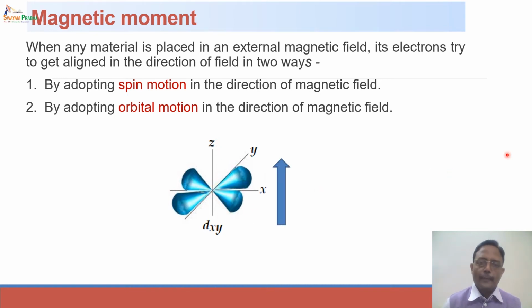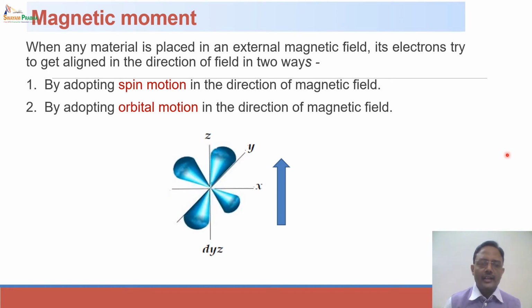And if we apply an external magnetic field along the z direction, then this orbital can rotate by 90 degrees into the dyz orbital. Now this orbital has a z component because it is in the yz plane. Thereby the electron present in this orbital now has a z component. So it has aligned itself in the direction of the magnetic field by adopting orbital motion in the direction of the applied magnetic field. So this is how an electron behaves when an external magnetic field is applied.